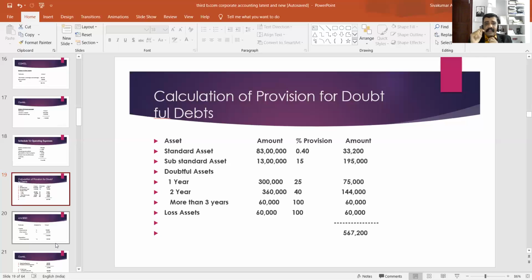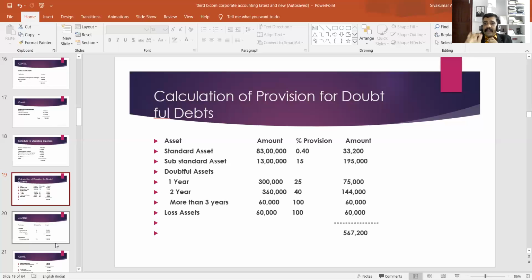Okay. Then, if your question includes substandard asset, please calculate 15% of that substandard asset as provision and include it in your calculation. Then, what is substandard asset?